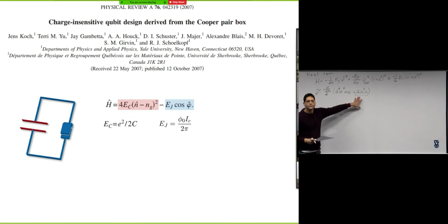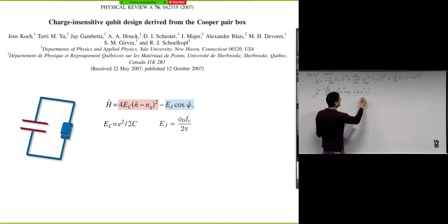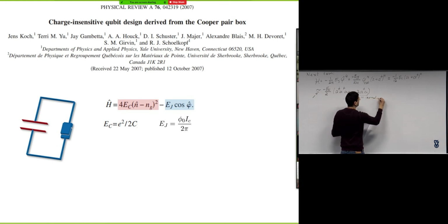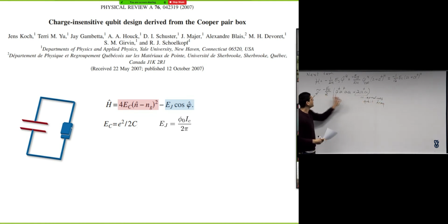We can just move it into omega and renormalize the frequency of our qubit. Remember, these A's and A daggers are the raising and lowering operators of our qubit circuit. So this just renormalizes the qubit frequency, or shifts it a little bit. Think of it as shifting the qubit frequency.